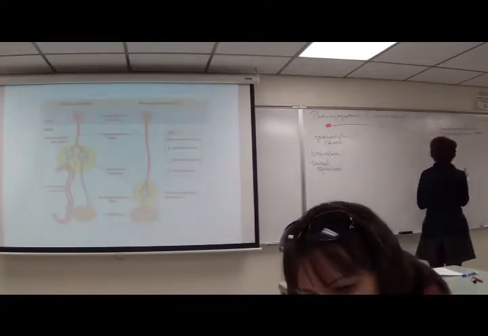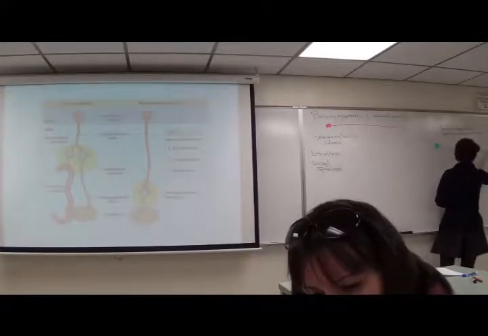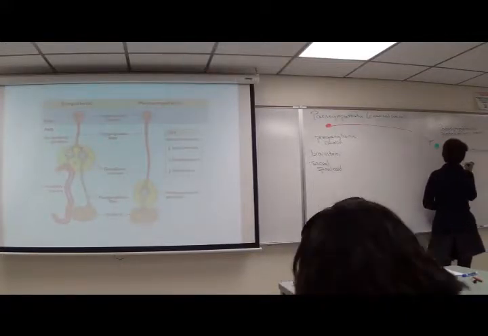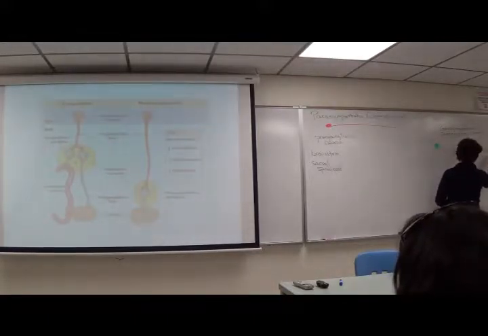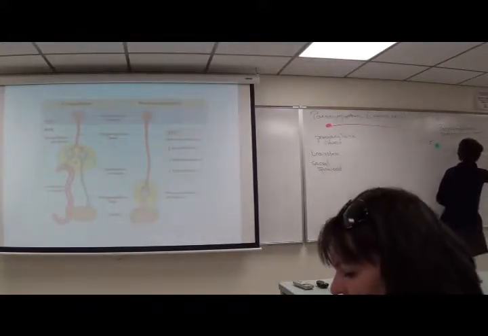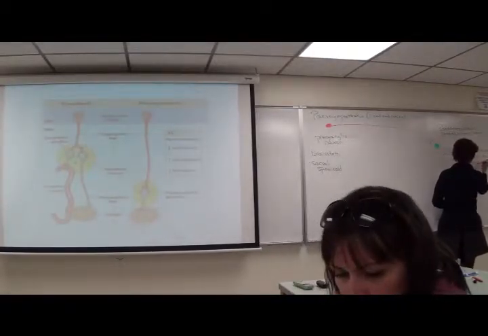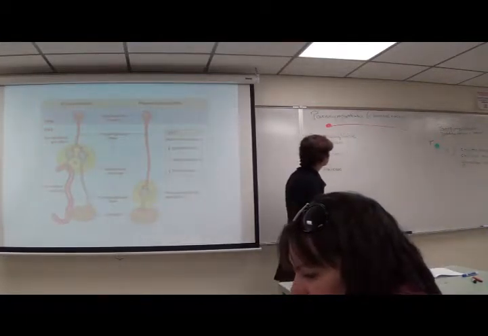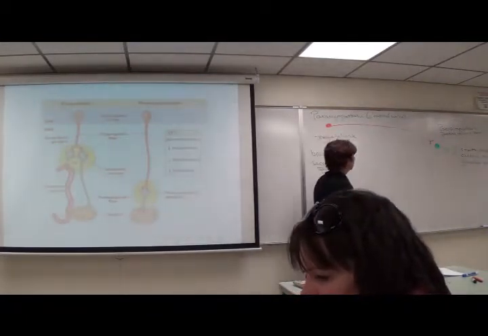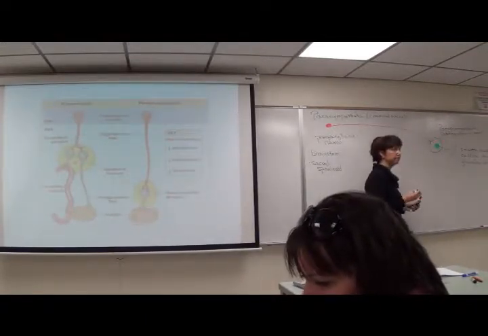So this would be a smooth muscle, or cardiac, or gland cell. This would be our ganglion.